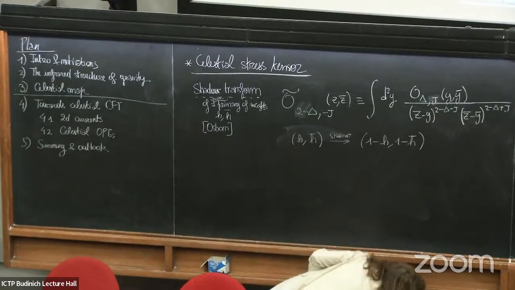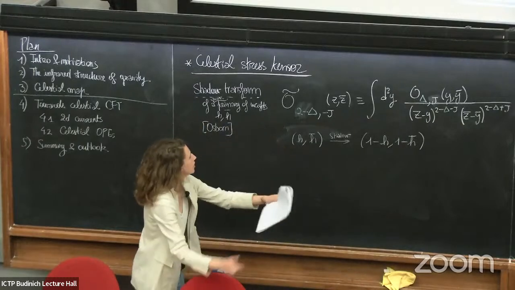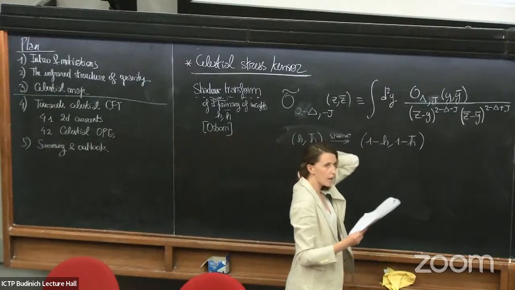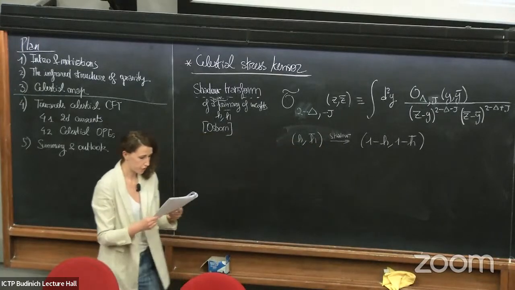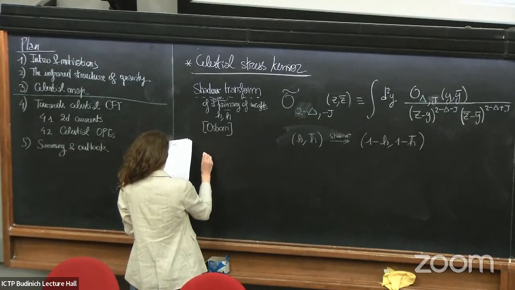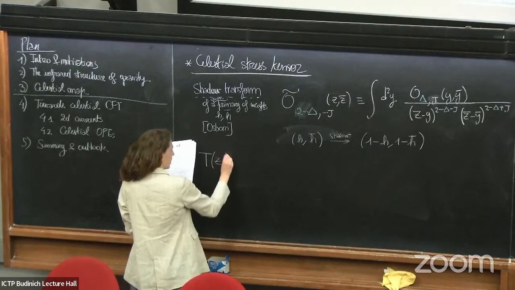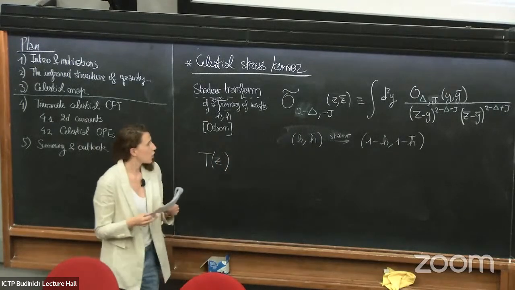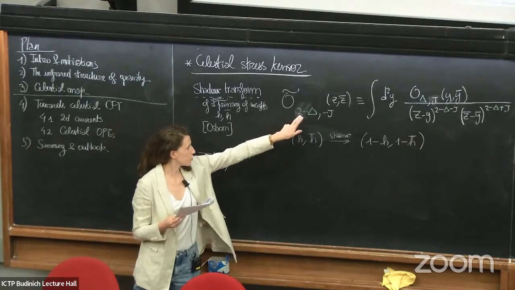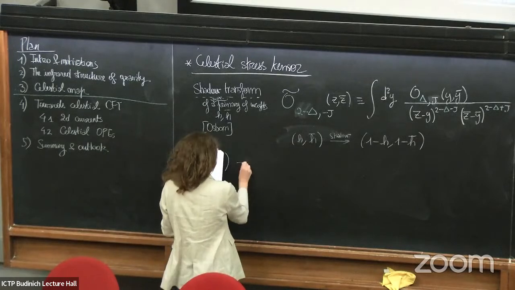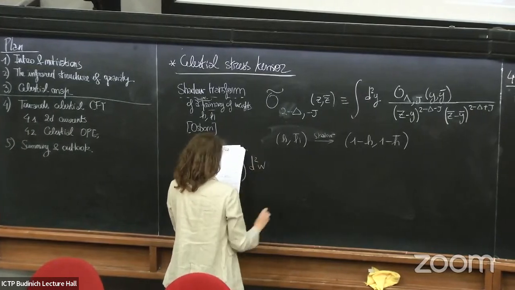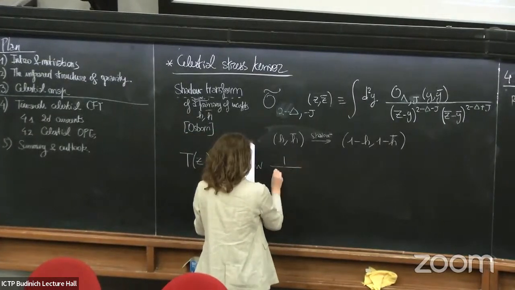Now it was realized that the stress tensor of celestial CFT arises as the shadow transform of an operator of weight Δ equals 0. So I will call it the stress tensor. Indeed, if I start with something which has weight 0, the shadow transform will give me something which has dimension 2 minus 0, so 2. So this is the stress tensor in celestial CFT.